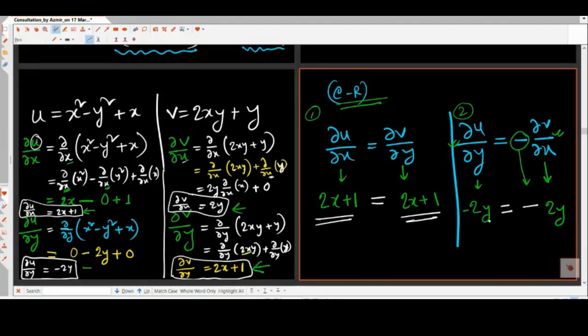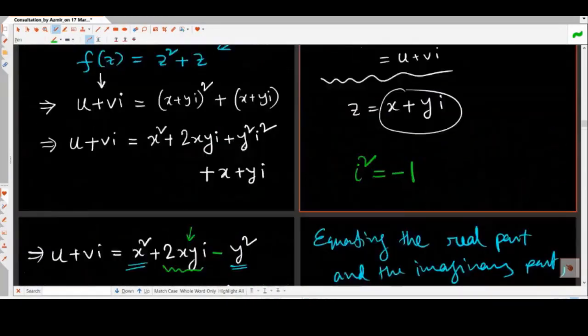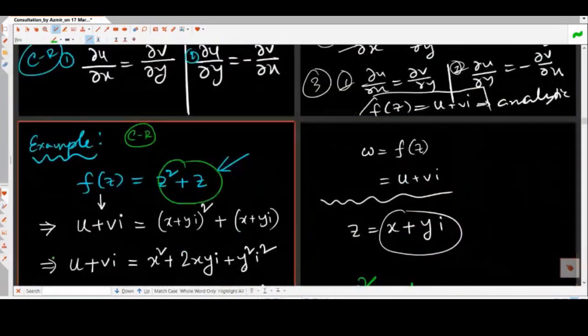So that means the second equation of Cauchy-Riemann is also satisfied. If both the first equation and second equation are satisfied, that means Cauchy-Riemann equations are satisfied, then we can say that the function f of z is analytic. So the function f of z, z squared plus z, is analytic.